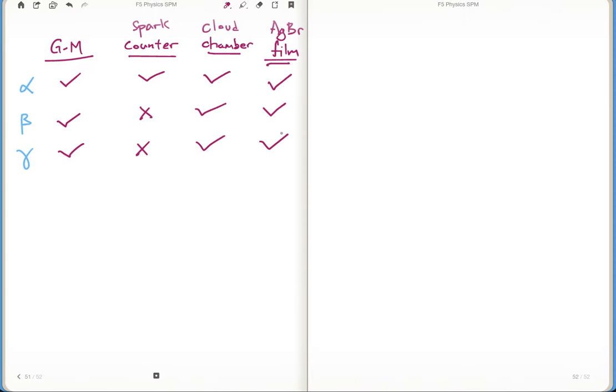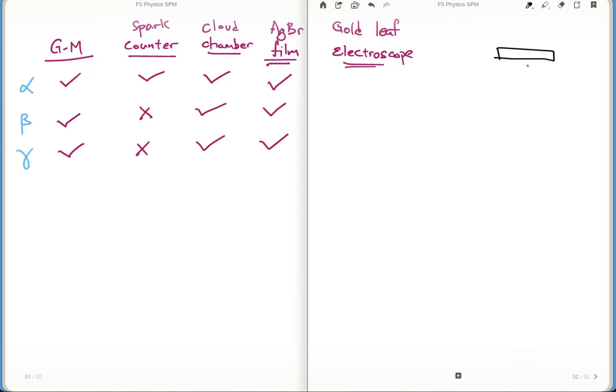And then the fourth one, which normally you are able to see in the science lab, is called the gold leaf electroscope. I think you have seen one of those. It looks like this: you have a metallic stage, which is fully insulated from a small chamber the size of a palm, very small.